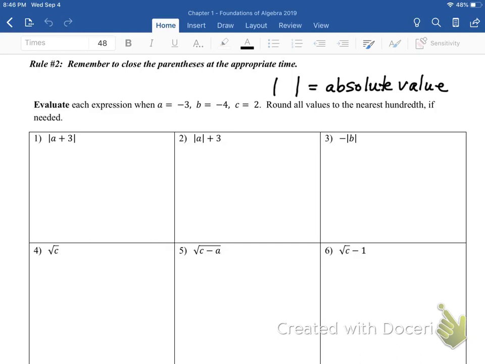Then you have the radical sign. Okay, this is the radical sign. And the thing is, on the calculator, sometimes you have to close it at a certain time, and sometimes you have to continue it.